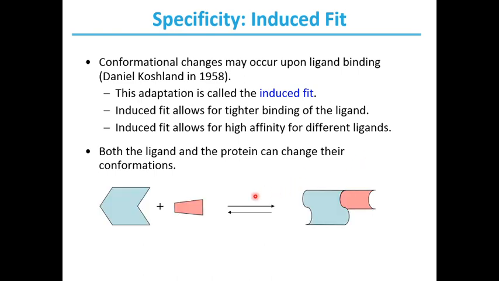Now, this is an example. To start with, the protein does not have any preformed surfaces, or it does not have any complementarity towards the ligand. But when the ligand gets closer and it binds, it changes the conformation of the protein and also of itself. This is the very basis of induced fit.